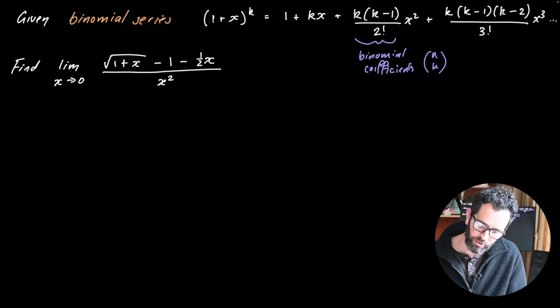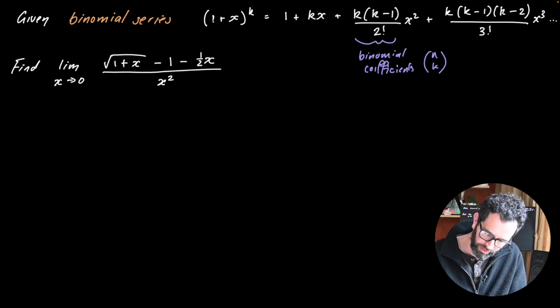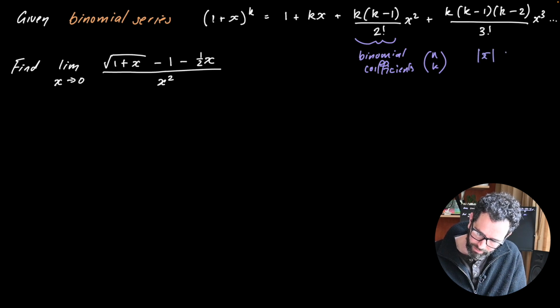Okay, and the other important point is this formula here works for values of k that aren't just integers. Okay, k can actually be any real number. And this is the series that works for here. And the other thing about this series is that we basically need the absolute value of x to be less than 1.